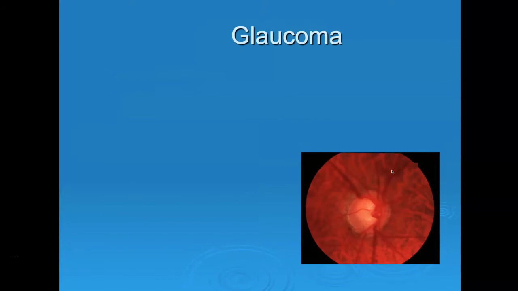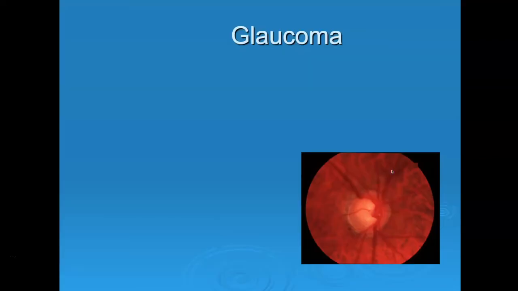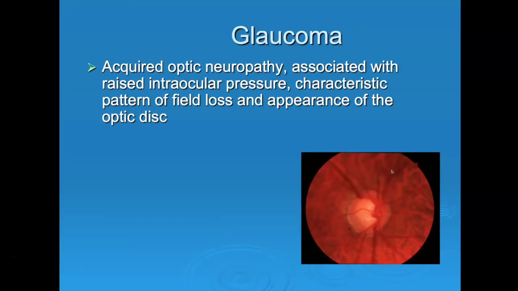Glaucoma is now an optic nerve disease, and we're going right to the back of the eye now, behind the retina. And the point to be made about glaucoma is that, having seen my glaucoma masterclass, you will know that it is an optic neuropathy.